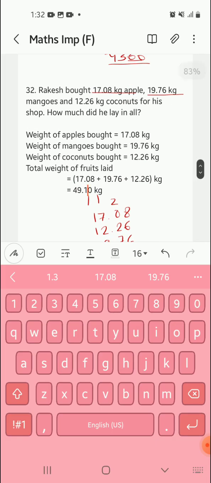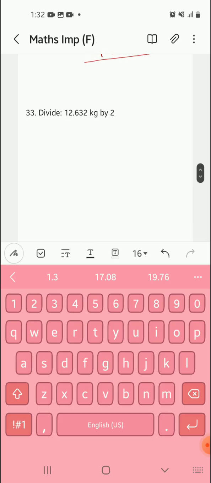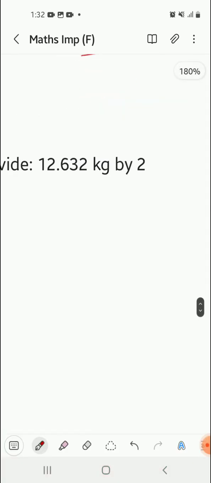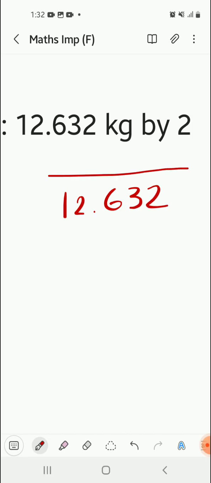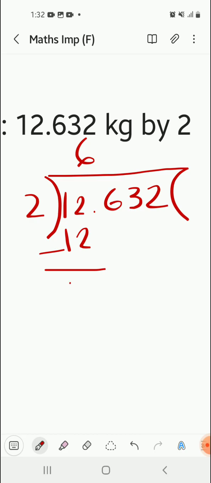Number 33. Divide 12.632 kg by 2. So we will do this. 12.632 divided by 2. 2 into 6 is 12. Insert the decimal point here. Then 6. 2 into 3 is 6.